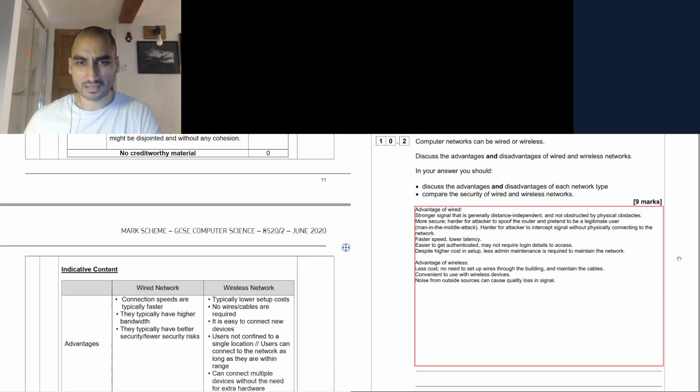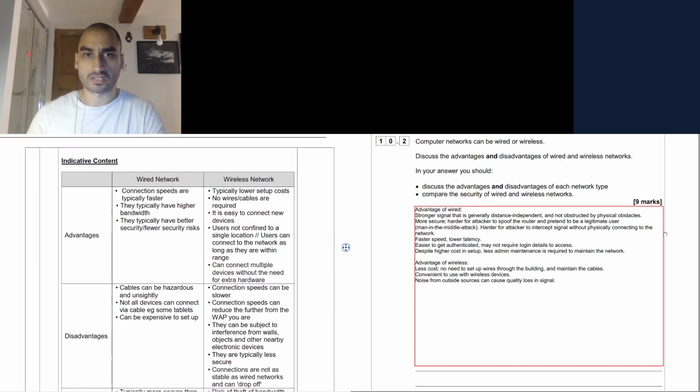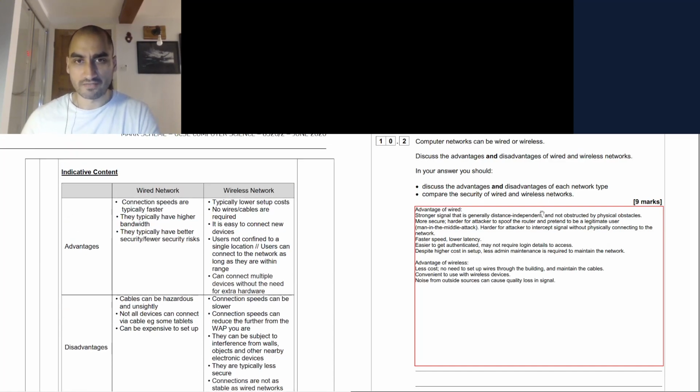What is this? Okay, let's have a look at this. Advantages. Connection speeds are typically faster. I did say that, yeah. They typically have higher bandwidth. I didn't mention bandwidth. Typically have better security, fewer security risks.